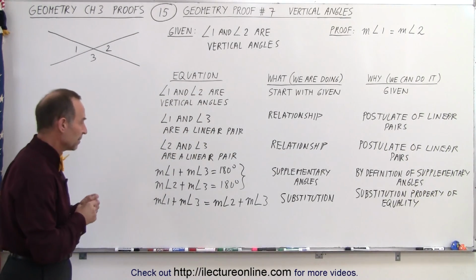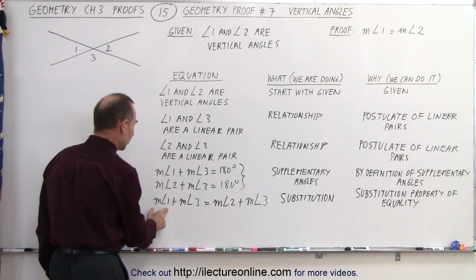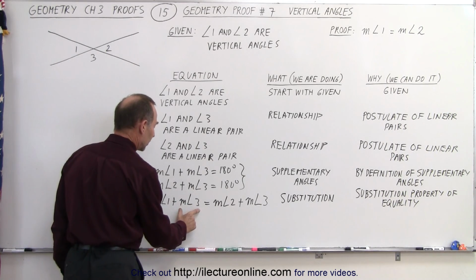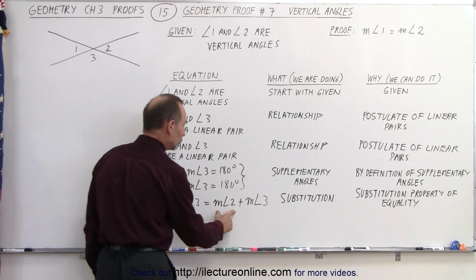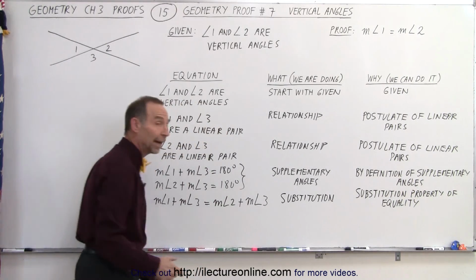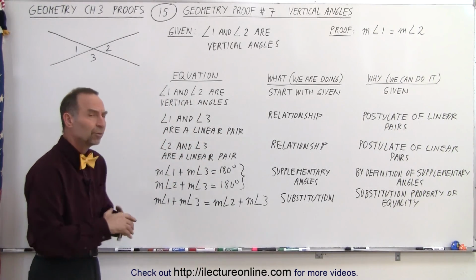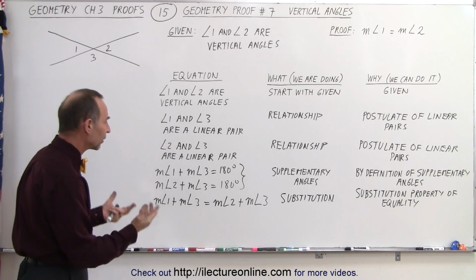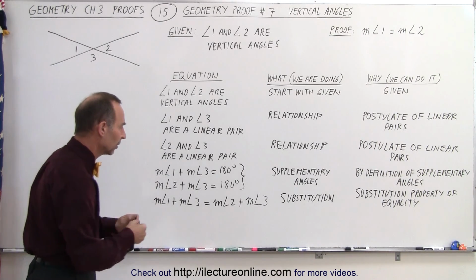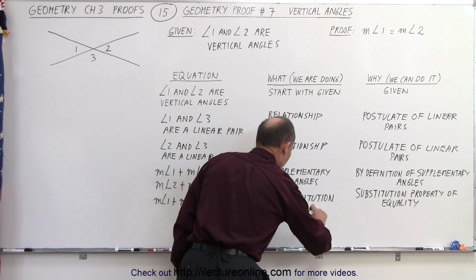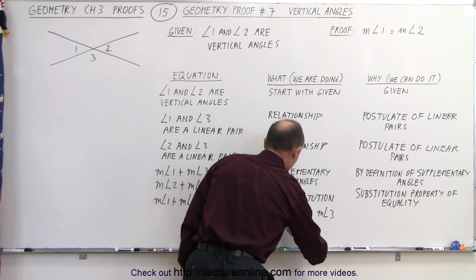Now take a look here and notice that I have the measure of angle 1 plus the measure of angle 3 equals the measure of angle 2 plus the measure of angle 3. I have the measure of angle 3 added to both sides of the equation, which means I can subtract the measure of angle 3 from both sides.